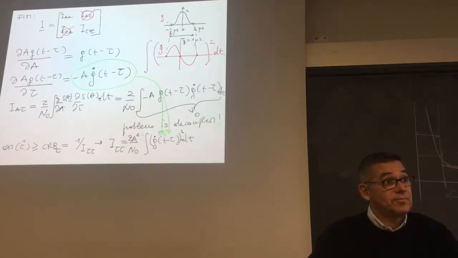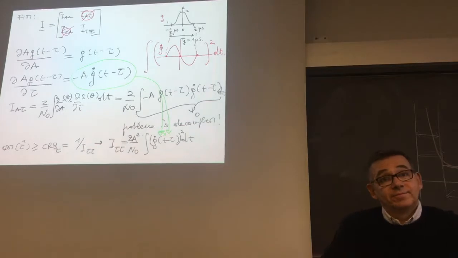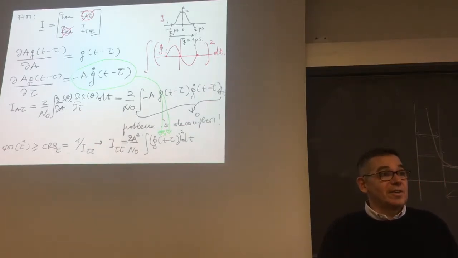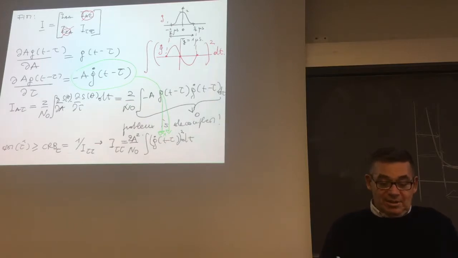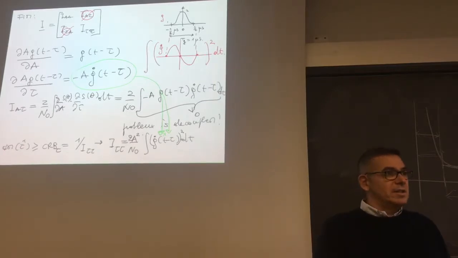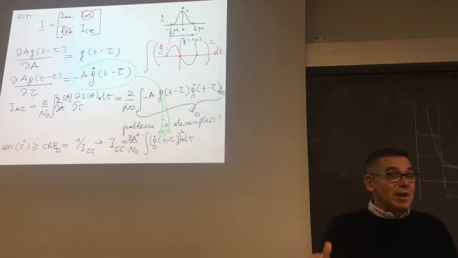Graphically, I'm against analytics, so I'm for graphically. This is a sine square within a period. I can calculate that because it's the period divided by 2, right?